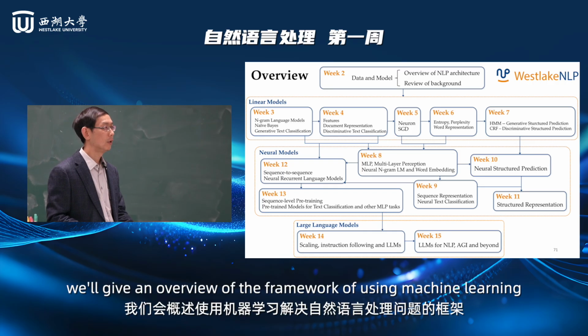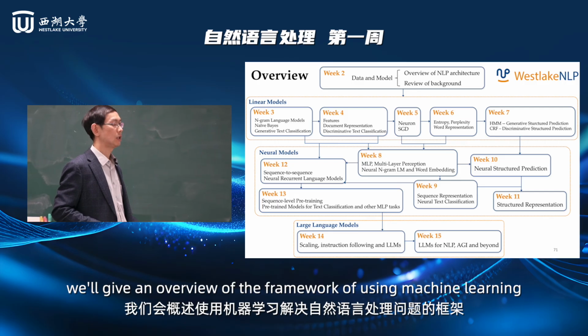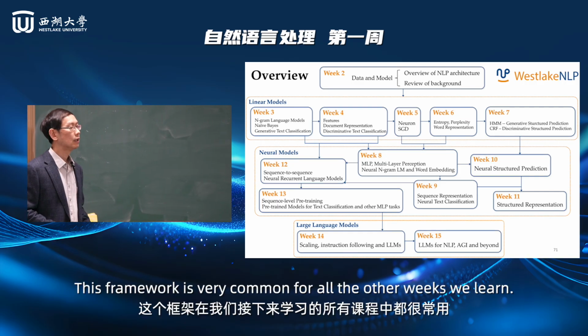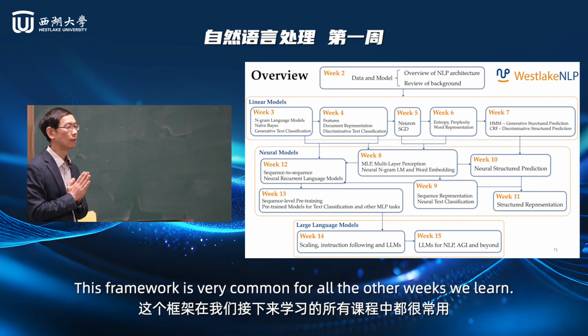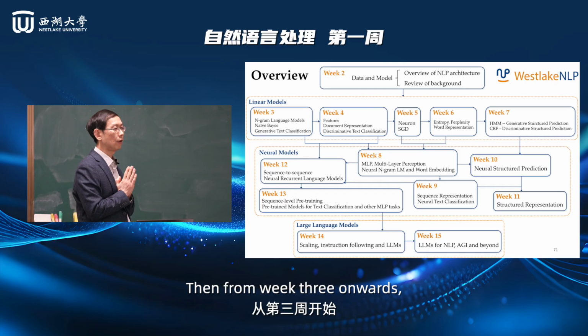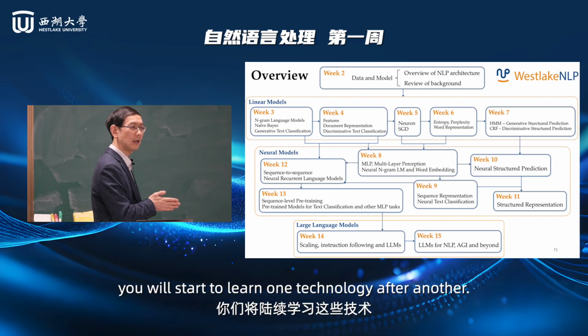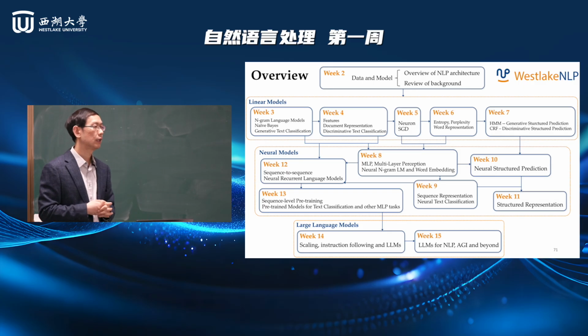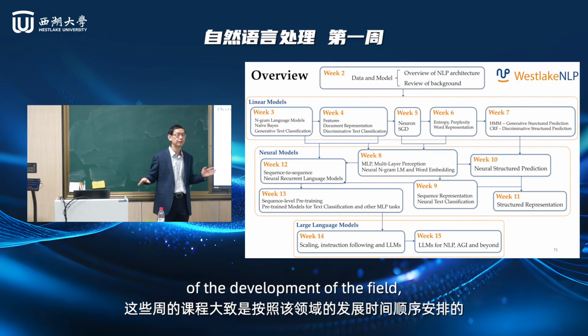Next week, we'll give you an overview of the framework of using machine learning to solve NLP problems. This framework is very common for all the other weeks we learn. Then, from week 3 onwards, you will start to learn one technology after another. These weeks are basically organized in chronological order of the development of the field.